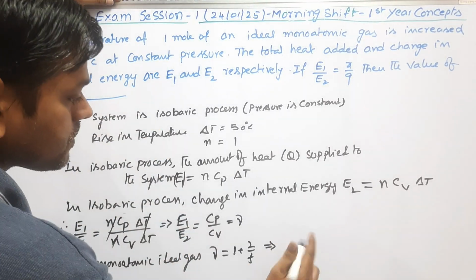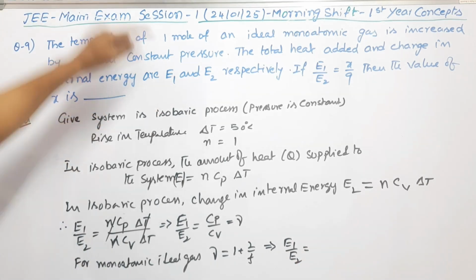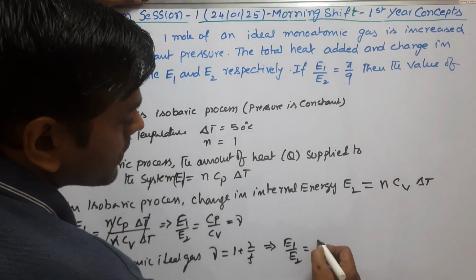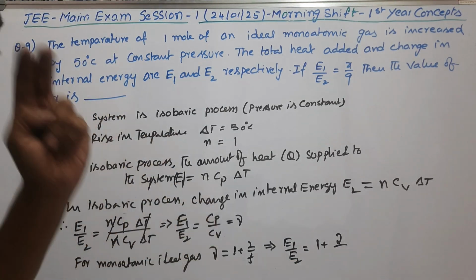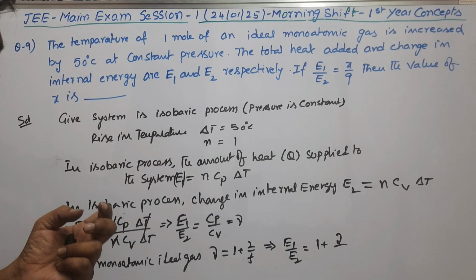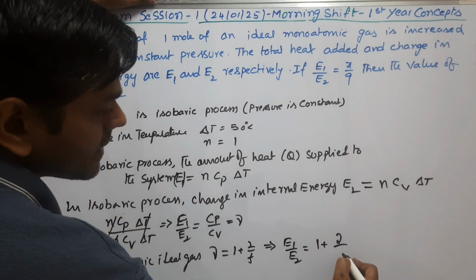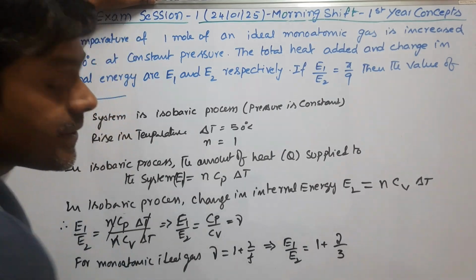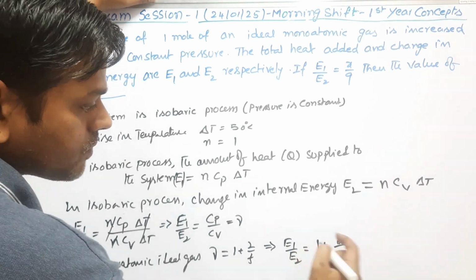That implies E1 by E2 is equal to 1 plus 2 by F. For a monoatomic gas, only translational modes contribute to the total energy. In translational mode, there are 3 degrees of freedom: x, y and z axis. So 1 plus 2 by 3.